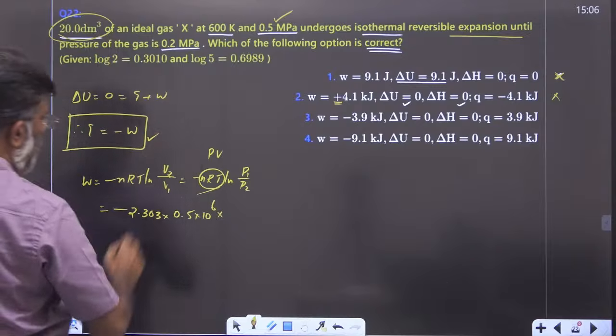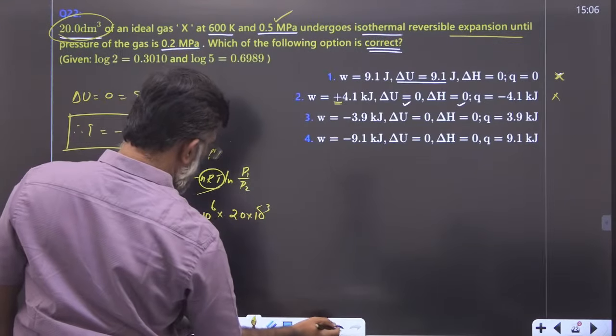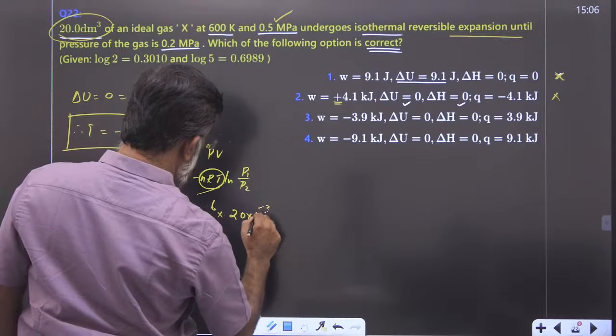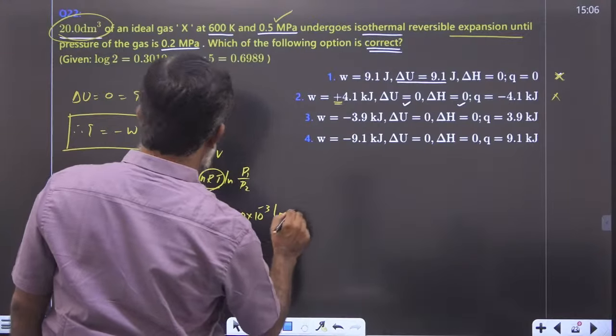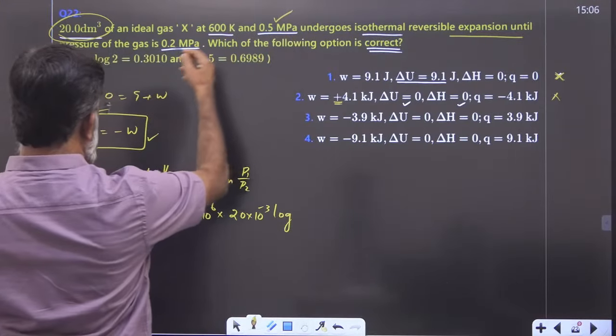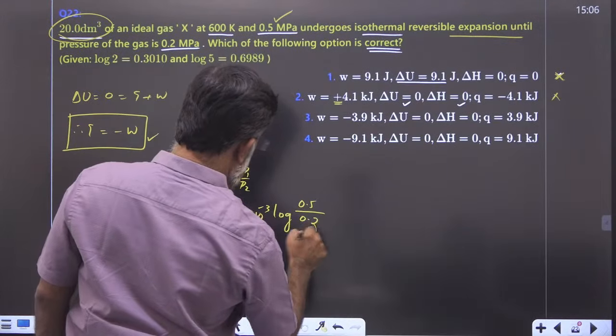It is 20 liters, so it is 20 into 10 power minus 3 meter cube. Log 0.5 to 0.2.